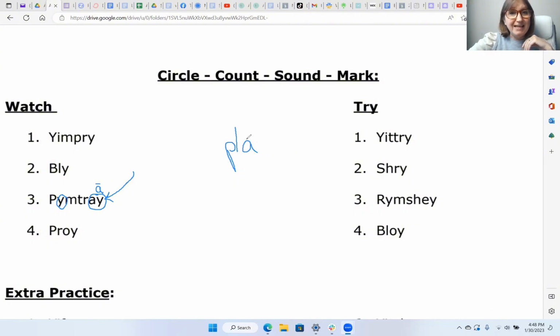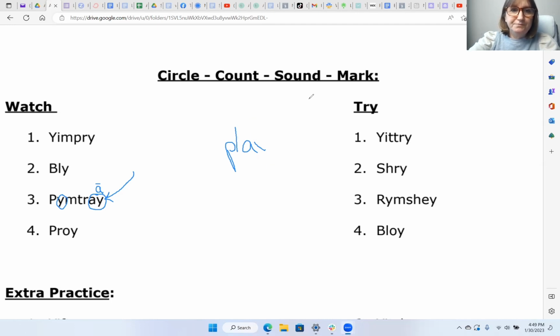Because A's at the end say "uh": Nebraska, China, America, Dakota, Minnesota, Montana, Rebecca. So when you're spelling a word that ends with the A sound, don't just spell it with an A. You have to put an AY. That is the digraph that spells the A sound at the end of a word.